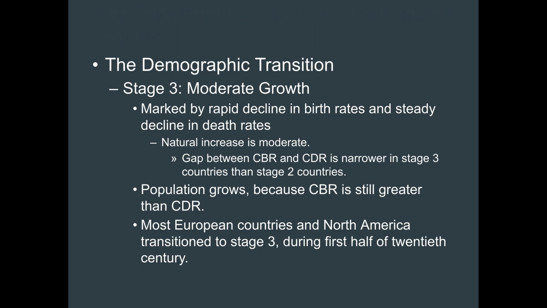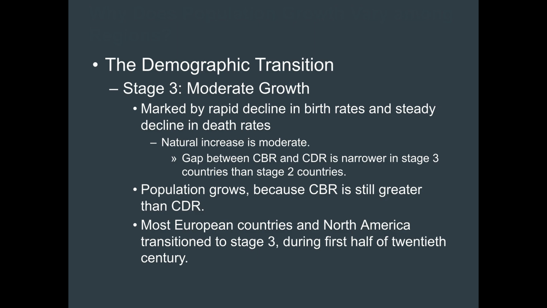Stage 3, moderate growth, is a rapid decrease in birth rates. Although the natural increase is still high, it's falling. And so they're still going up in population, and they're still going up very, very rapidly. Not as rapidly as they are at the end of stage 2, but the overall population numbers are going to increase significantly.